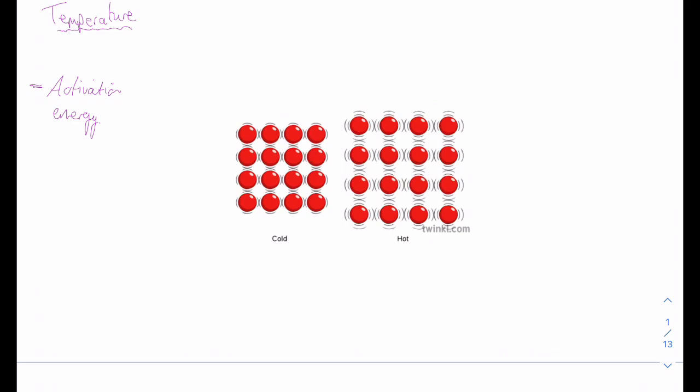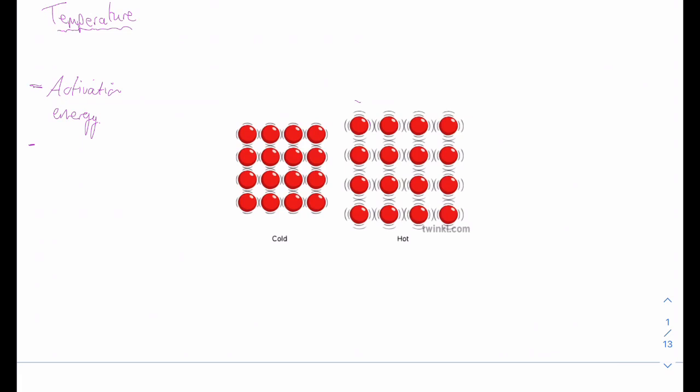The other thing to think about is that hotter particles move more quickly. So those particles are moving more quickly around the container or whatever the reaction's happening in. If those particles are moving more quickly, which you can see in the diagrams here, those lines are showing movement.